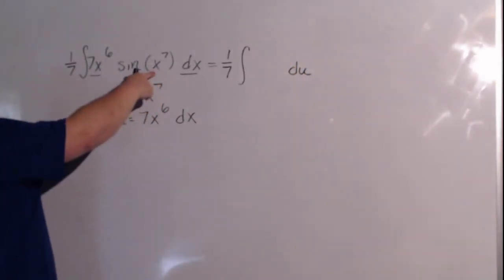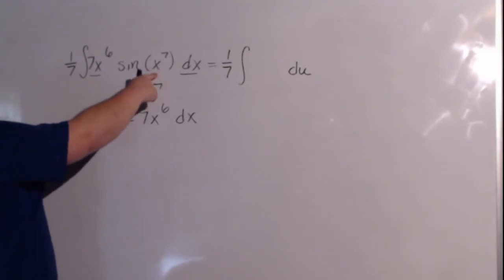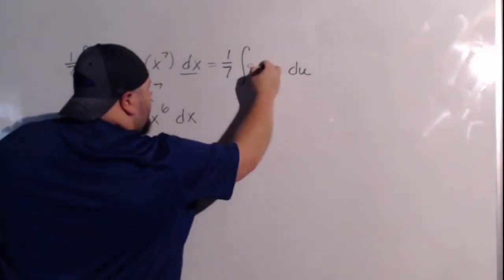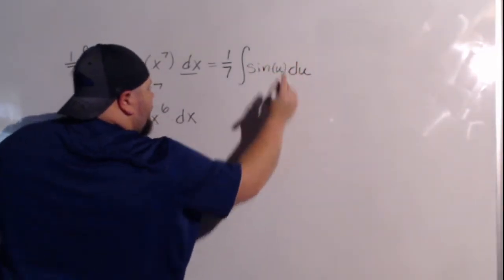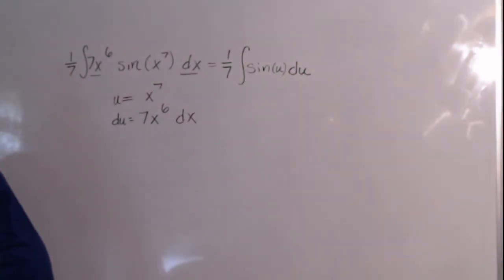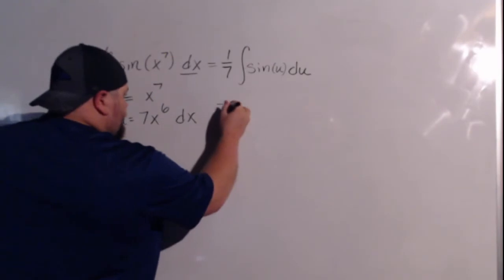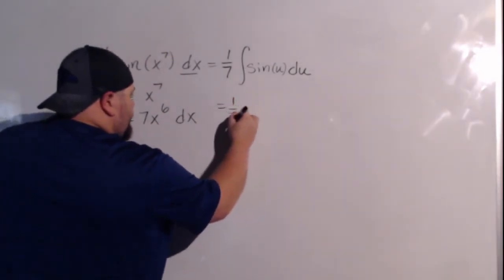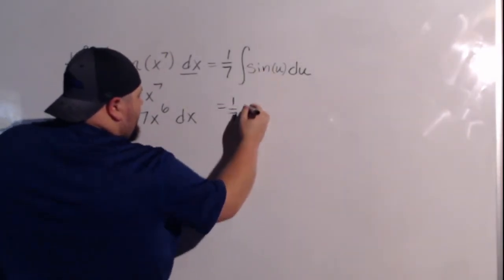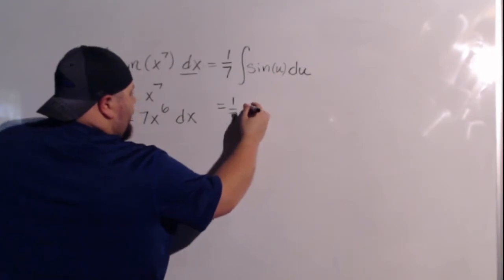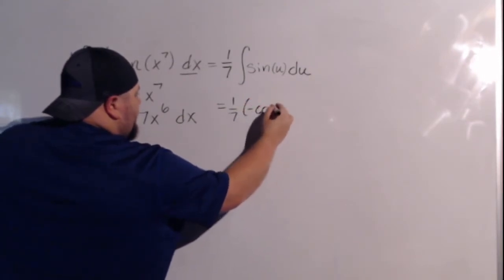And I let that equal u, so I still have the sine of u. That is a basic integral. The integral of sine is minus the cosine.